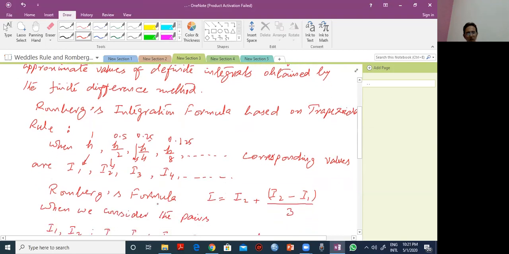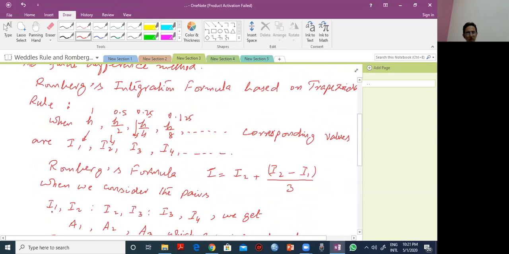Now Romberg's formula based on the trapezoidal rule is I equals I2 plus (I2 minus I1) divided by 3. When we consider the pairs, student, to find the definite integral further, the pair I1, I2 gives A1, and the pair I2, I3 gives A2.